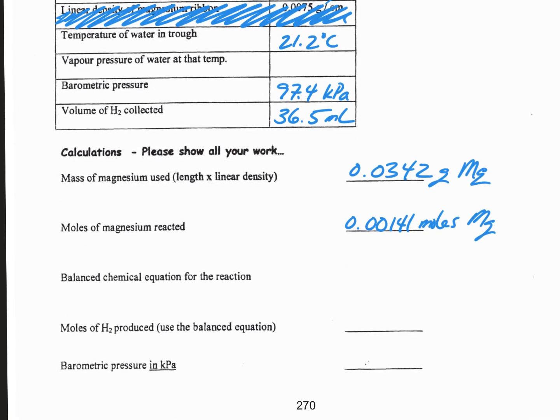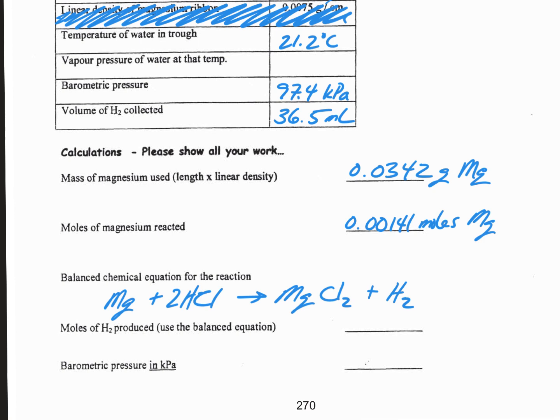The balanced chemical equation for this reaction is we're combining magnesium with hydrochloric acid, making magnesium chloride and hydrogen gas. Notice that the mole ratio between magnesium and hydrogen gas is 1 to 1.